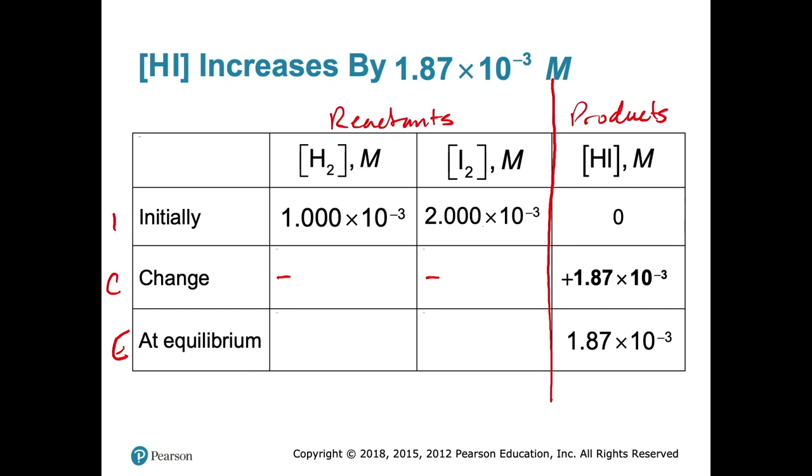We're told that at equilibrium, we have 1.87 times 10 to the negative 3 concentration moles of hydrogen iodide. So we can start out by saying 1.87 times 10 to the negative 3 moles of hydrogen iodide.